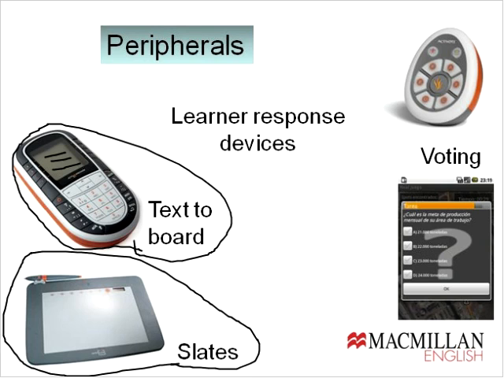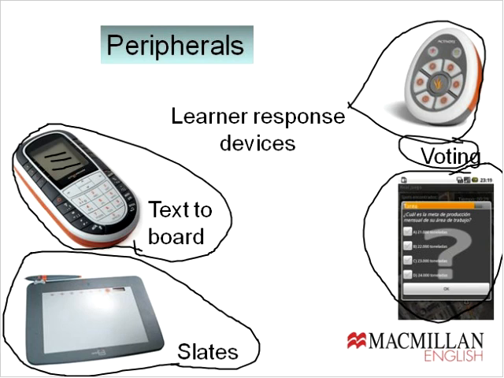And of course, learner response devices are extremely popular, and they're so popular now for voting that there are more makes coming out. Have a look at this. This is a mobile phone screen, and here you can actually use a mobile device just to vote and send what you think to the front.